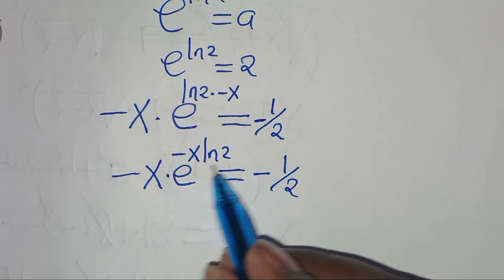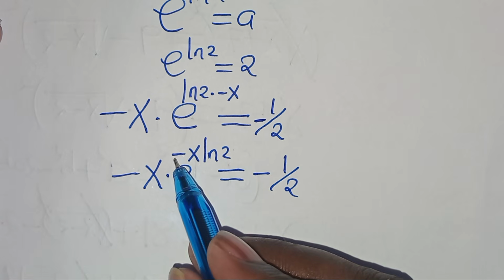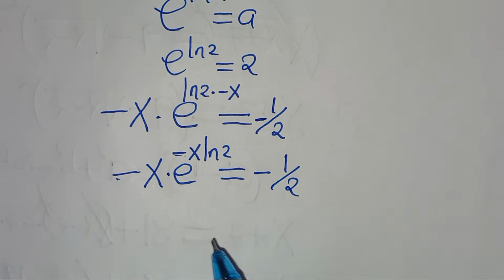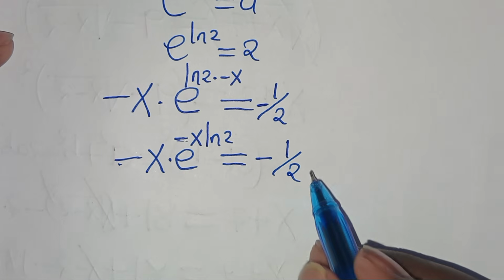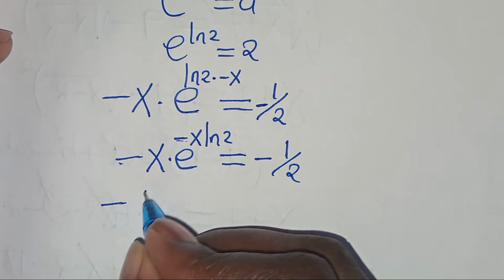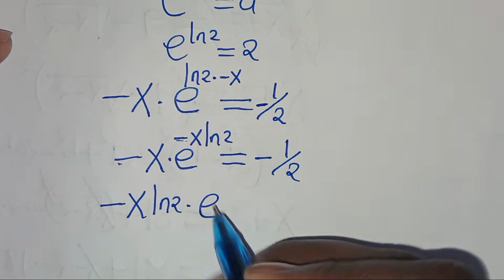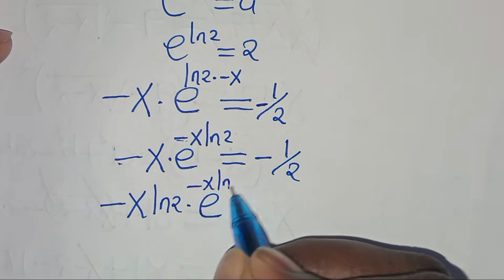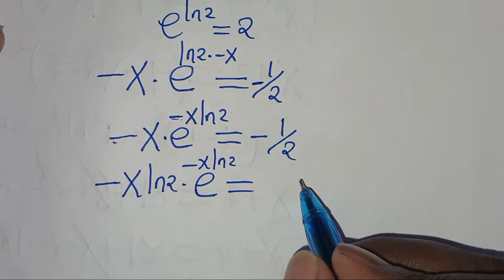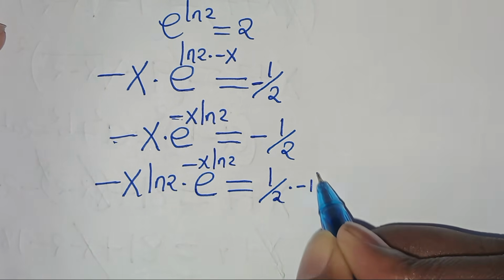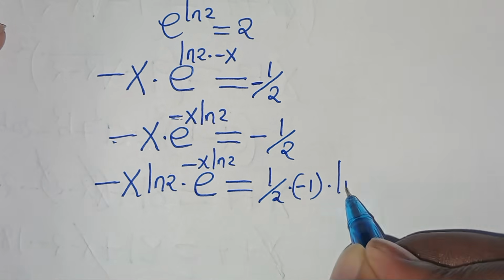Now we have the exponent here, which is negative x ln of 2, and the coefficient is negative x. So let's multiply both sides by ln of 2, so that we have negative x ln of 2 times e to the power of minus x ln of 2. This is the same thing as a half times minus 1 multiplied by ln of 2.